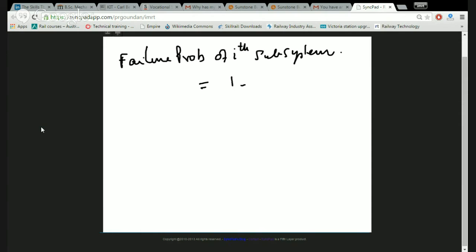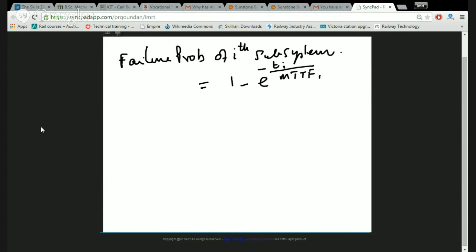Now, what is the failure probability of the ith subsystem? From the earlier knowledge, we know that the failure probability of the ith subsystem is 1 minus e to the power of minus ti divided by MTTFi.